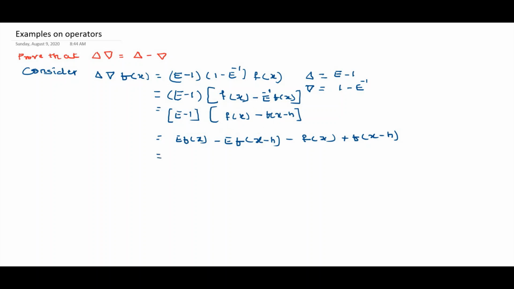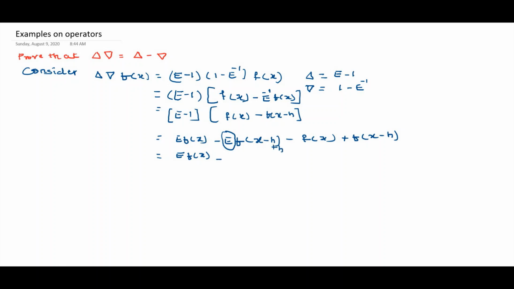This is equal to, I will write this e f of x. Now you can apply the shifting property for this term. To eliminate this e, we can add plus h here by using the shifting property.